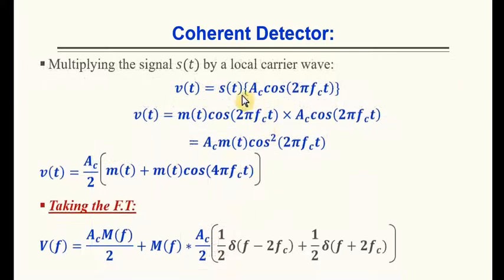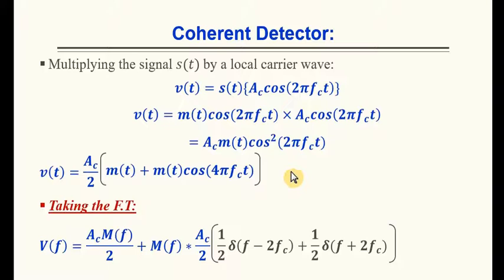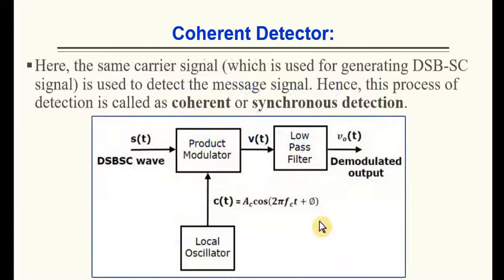Let us see what we will have. v of t is the output of the combined S of t and C of t signals. So v of t is equal to S of t multiplied by the local carrier wave, AC cosine 2 pi fct, where here we assume that phi is equal to 0. There is no phase shift.